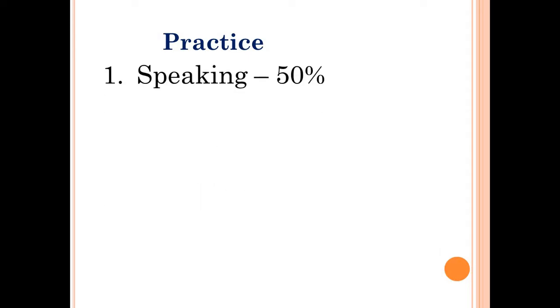What is important for online lessons? During online lessons, the percent of time which we dedicate to different skills is a bit different from the one in the classroom. For online lessons, speaking has the top priority, and normally the student should speak during 50% of the lesson.